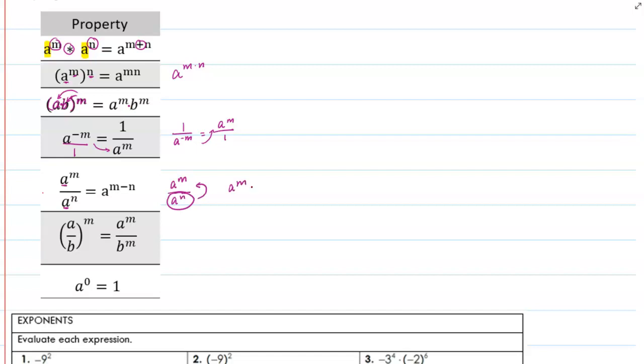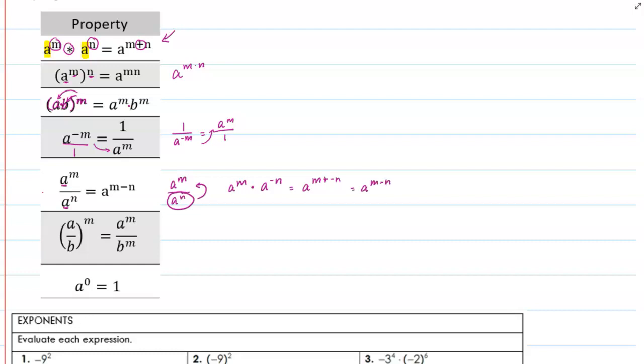So that becomes multiplication. And then you can use the product property, and it just becomes m plus negative n, which is m minus n.